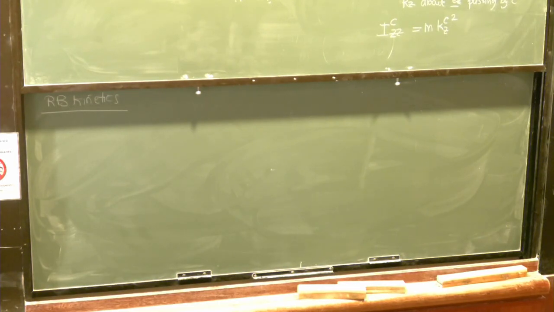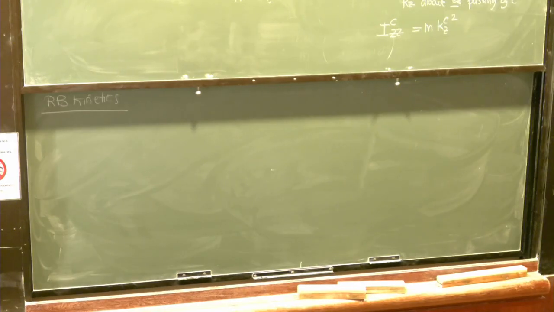So then how many balance laws do we need to describe the motion of a rigid body? We'll need 6 scalar balance laws to be able to describe the motion of the 6 degrees of freedom of the rigid body. So these 6 scalar balance laws are going to come from 2 vector balance laws in 3D, the balance of linear momentum and the balance of angular momentum.